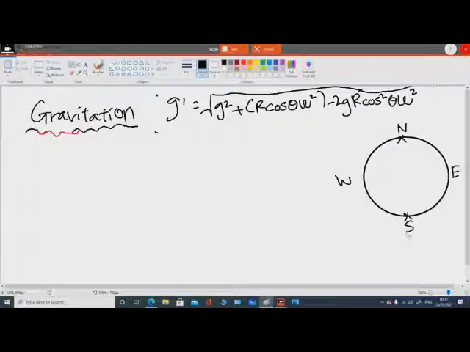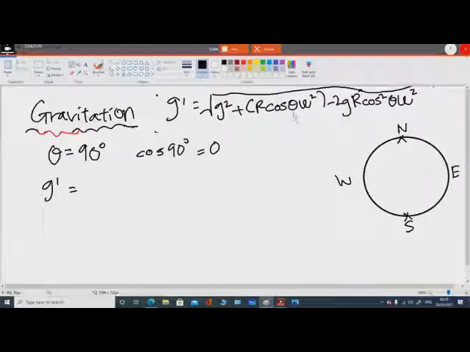So at north or south, we can say that theta is equal to 90 degrees. So cos 90 degrees is equal to 0.